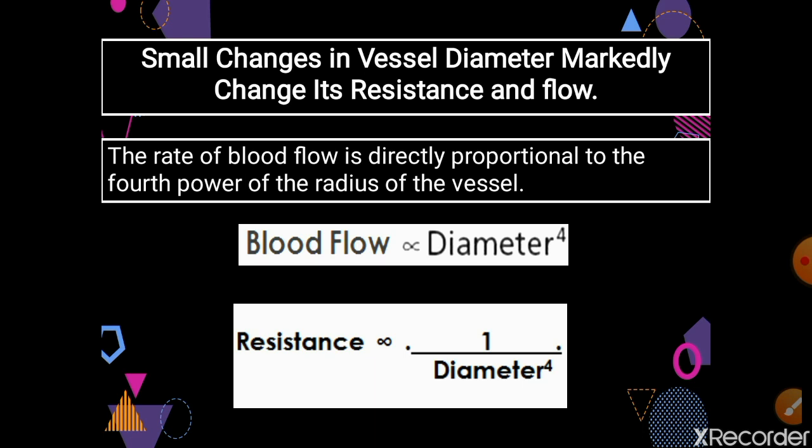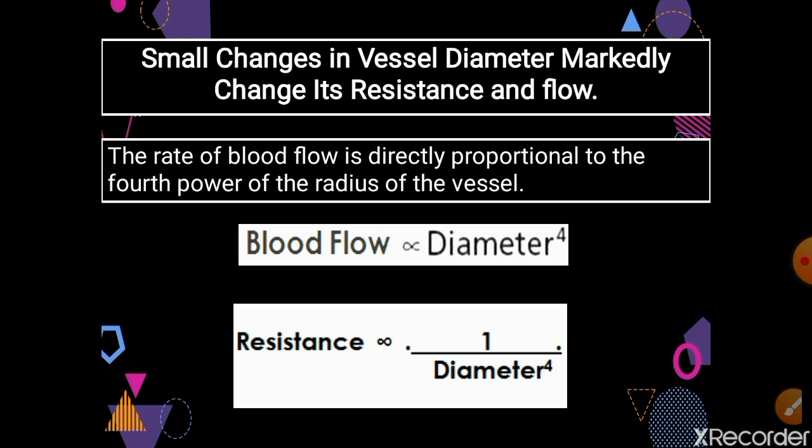Let's discuss this in greater depth. As mentioned before, small changes in the vessel diameter or radius markedly change its resistance and flow. The rate of the blood flow is directly proportional to the fourth power of the radius of the vessel.